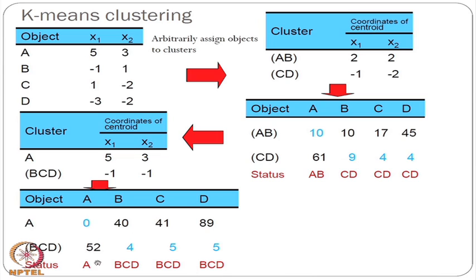In this case you see, ultimately A belongs to cluster A, B belongs to cluster B, C, D, C belongs to cluster B, C, D, and D belongs to cluster B, C, D. So, no more clustering is required. Okay. So, that means for this data set 2 clusters are enough. That is what K-means clustering is.